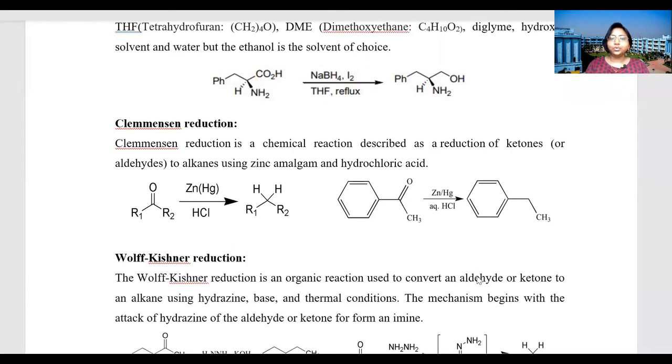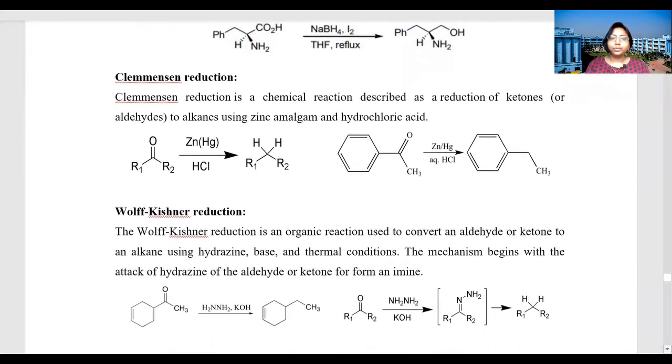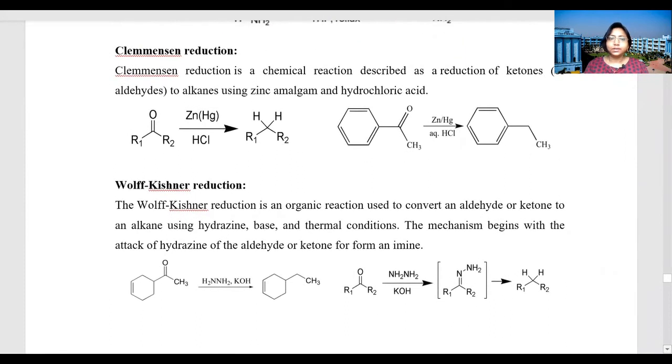Next is the Wolff-Kishner reduction. The Wolff-Kishner reduction is an organic reaction used to convert an aldehyde or ketone to an alkane using hydrogen.